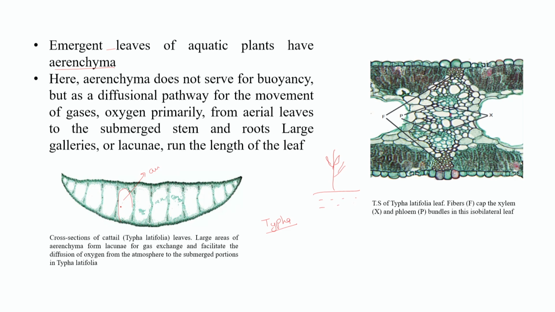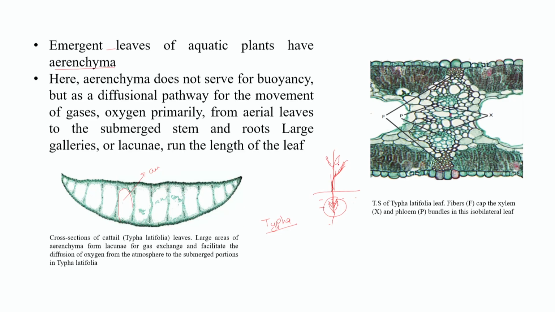Now this plant will not be dependent on air coming only from outside. The air is coming from the internal organs and flowing through the stem, through the air gaps or lacunae, and coming to the submerged portion. So they are not dependent on the process of diffusion. This air cavity is actually a passage through which air can move.